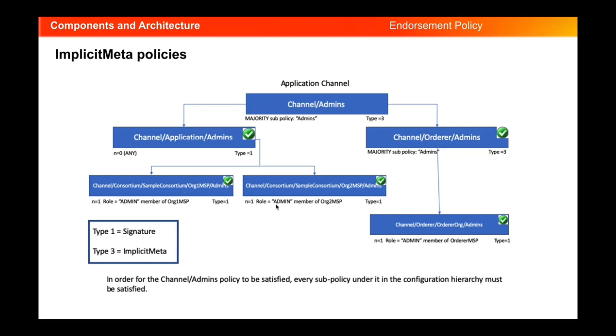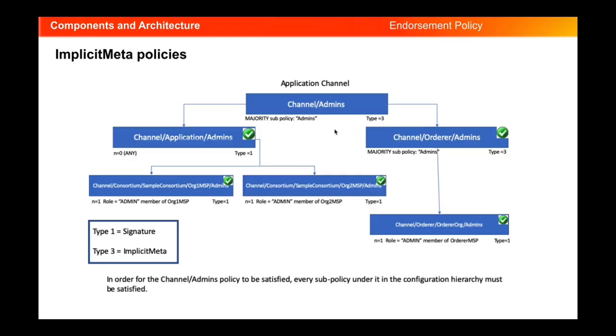As you can see here, at the child node or leaf node of this hierarchy, it is a signature policy. As you move toward the root of this tree, you can see it is an implicit policy.